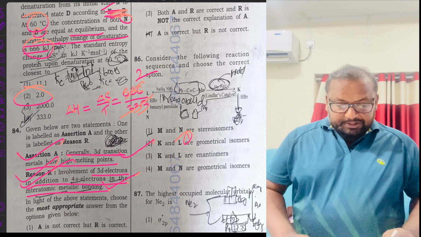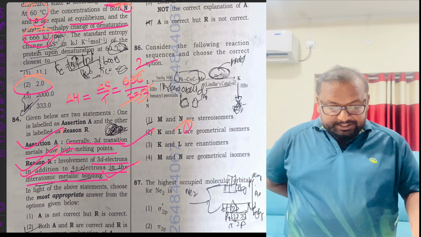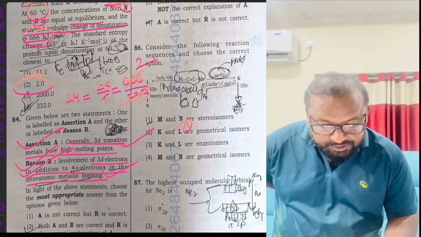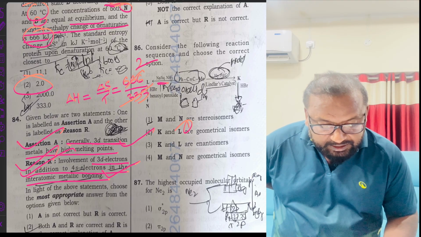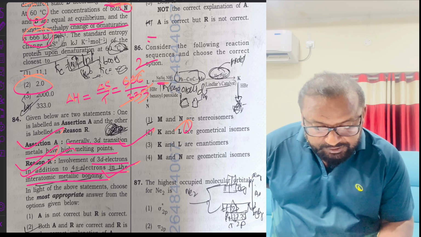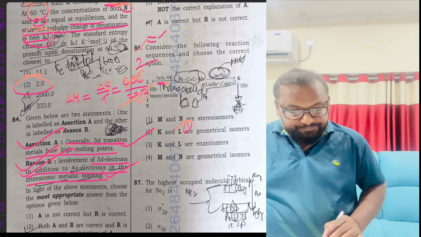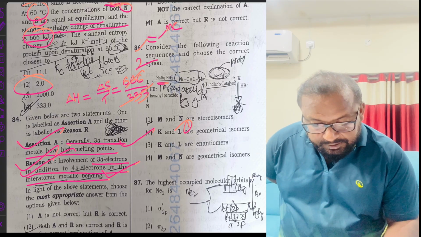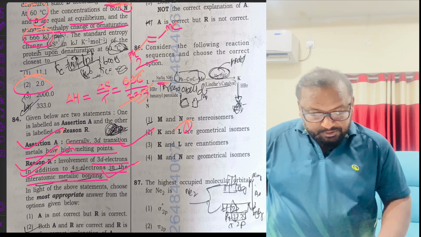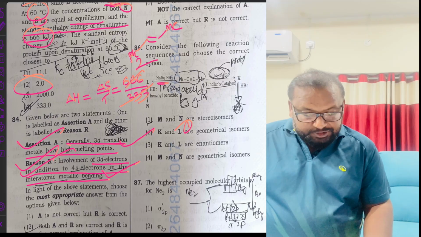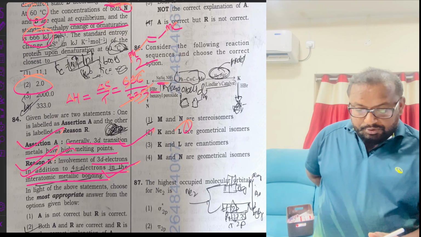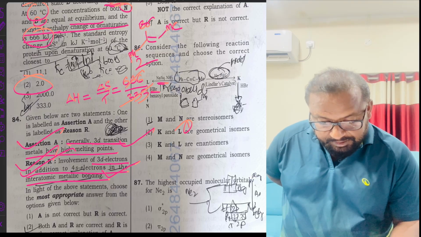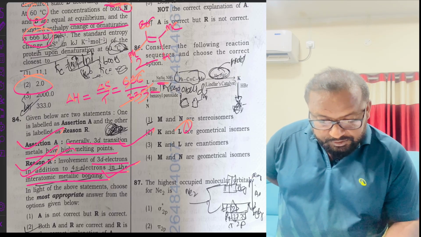Next, consider the following reactions. Two reactions are given to us. A hydrocarbon alkene is treated with this one, so here we'll get the trans alkene, which has a methyl group here and a phenyl group here. When HBr is added, Br goes here and hydrogen here, so this compound is formed.